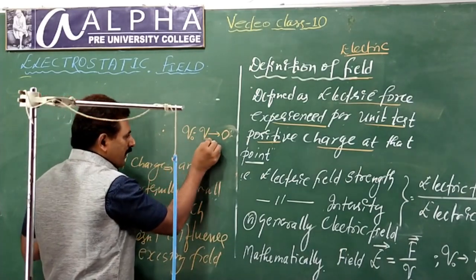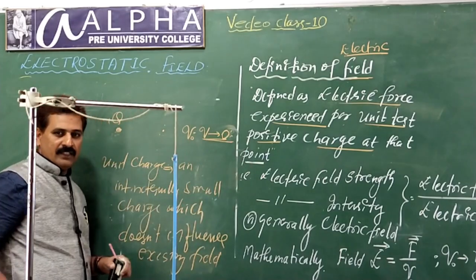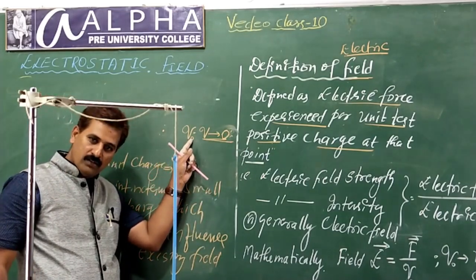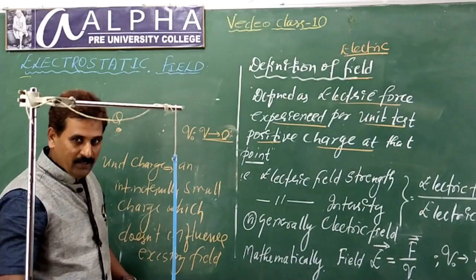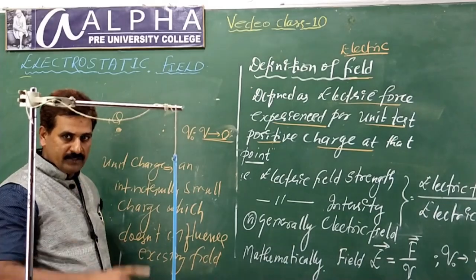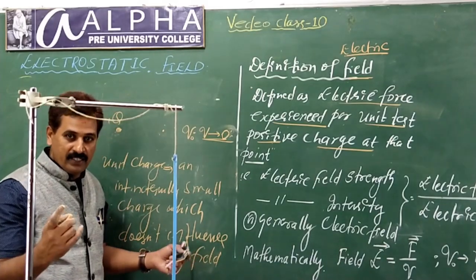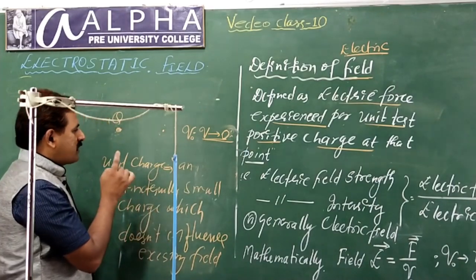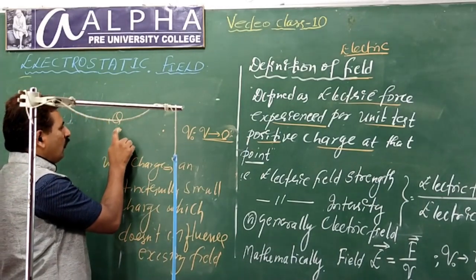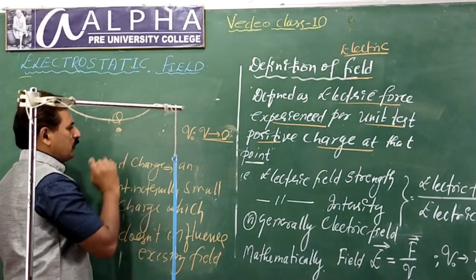If you consider a very small charge, that is written as Q naught. Unit does not mean 1, like the unit of mass, 1 kg, not like that. It is a very small value which does not affect the force produced by Q.